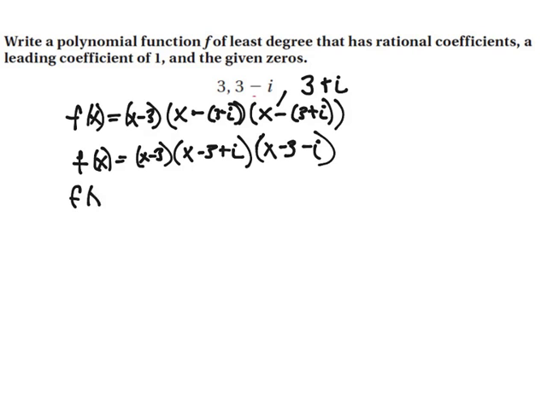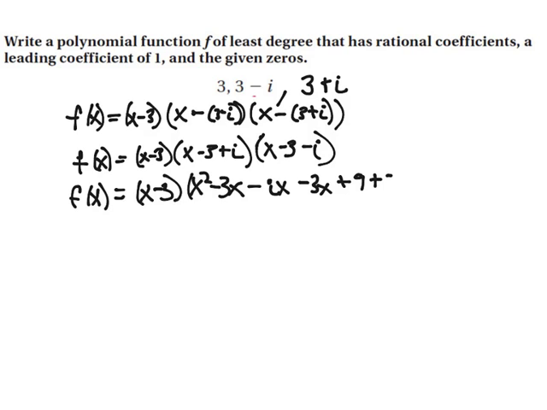And then I distribute. f of x equals x minus 3, x squared minus 3x minus ix minus 3x plus 9 plus 3i, and then the last one here, it's actually going to be plus ix, and then we multiply through the i there and we get plus ix minus 3i minus i squared.